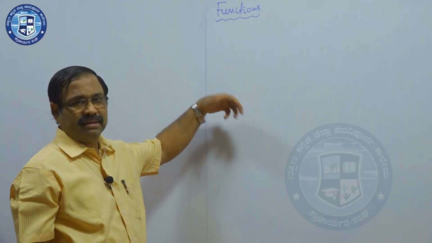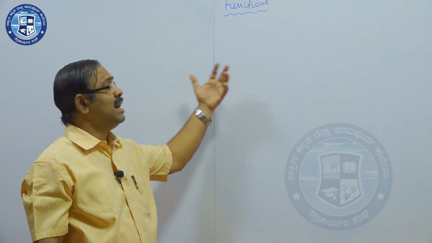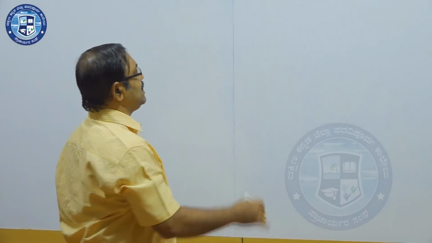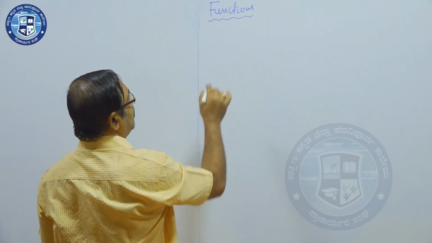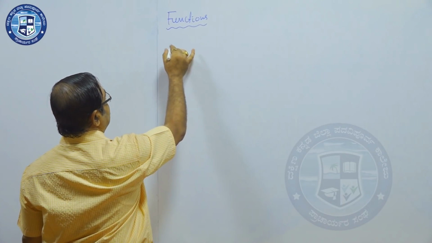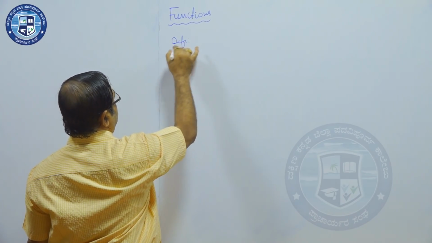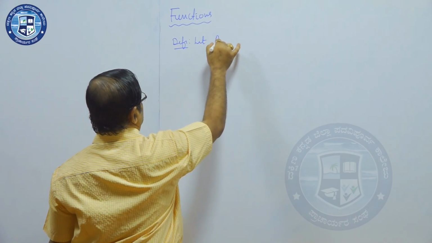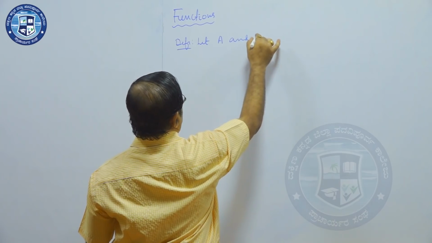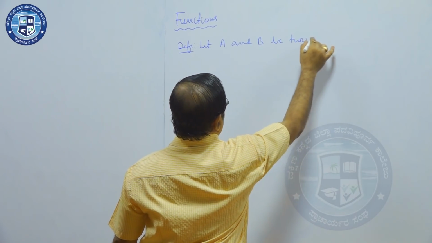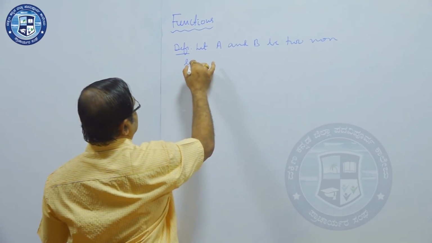And in our second PU syllabus, we have to learn types of functions. So first, let us define a function. See, we consider two non-empty sets. Let A and B be two non-empty sets.